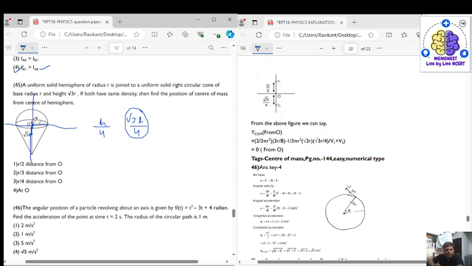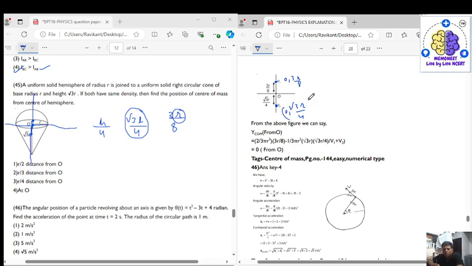Then for a hemisphere, the center of mass is at a distance of 3r by 8, where r is the radius of the hemisphere. So the center of the hemisphere will lie at this point, that is 3r by 8. Now we can assume that there is a mass placed at this point and another mass placed at this point, and these are the coordinates: 0 comma 3r upon 8 and 0 comma root 3r upon 4.